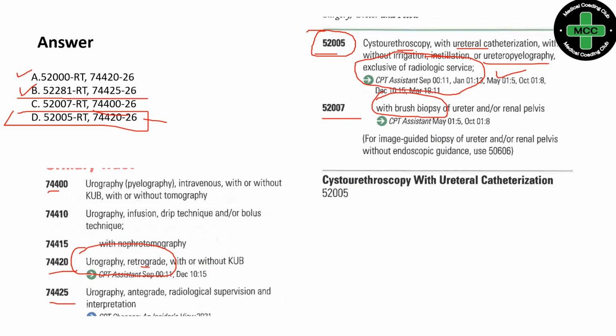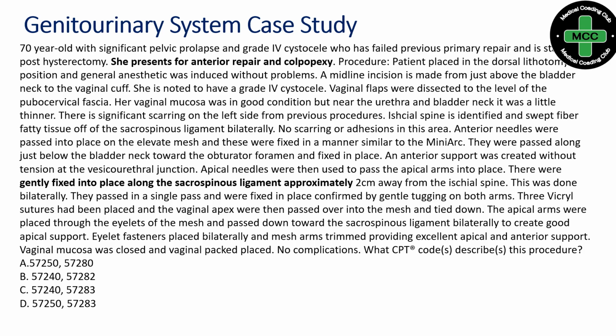Let's see one more question. A 70-year-old with a significant pelvic prolapse, grade IV cystocele, who has failed previous primary repair and is status post hysterectomy. So what is prolapse? Prolapse means when an organ or body part slips or falls from its original position to a slightly lower position.